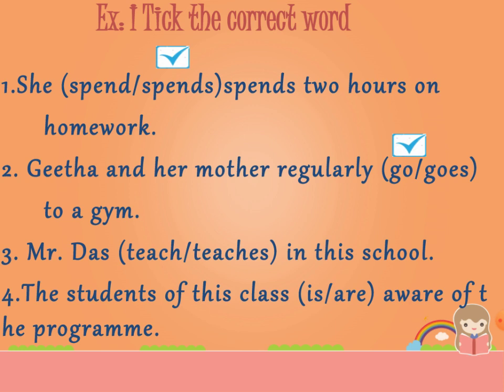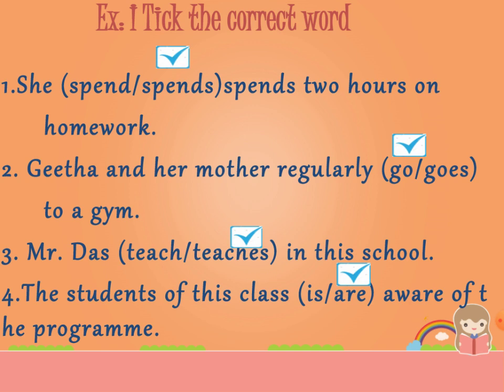Geeta and her mother regularly go to a gym. Mr. Das is a singular subject, so s or es. So teaches in this school. The students of this class. Now here we have plural. So which one are you going to write? Yes, are aware of the program.